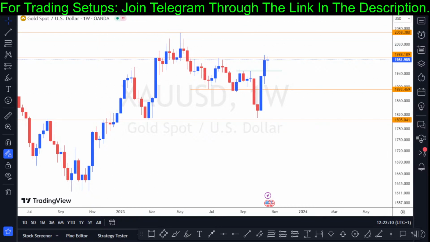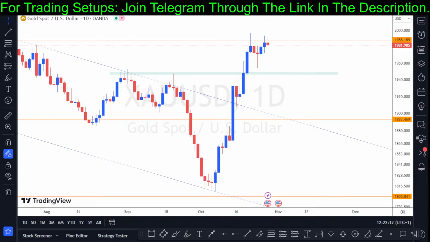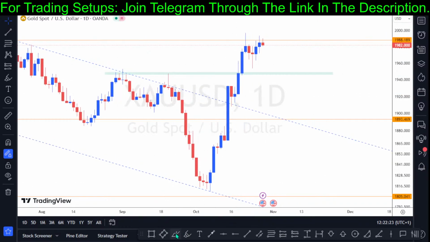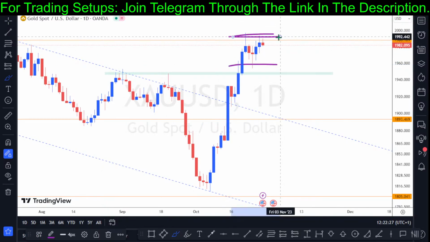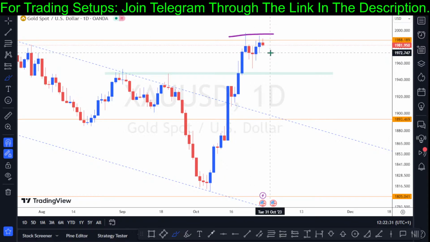All right, so this is what I have on gold. Any other question once again? For now, I'm not looking for a long position on gold, neither am I looking for a short position. Gold is still in a state of confusion. I want gold to make its final decision before I get in, because right now gold doesn't know what it is going to do.